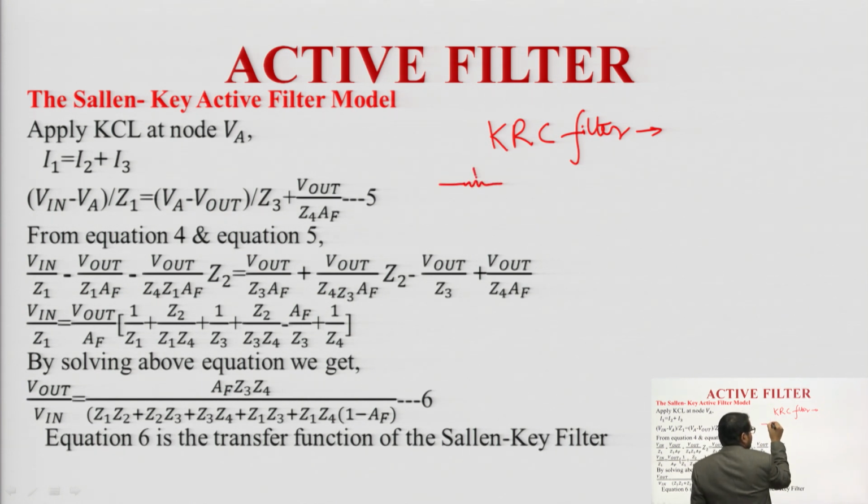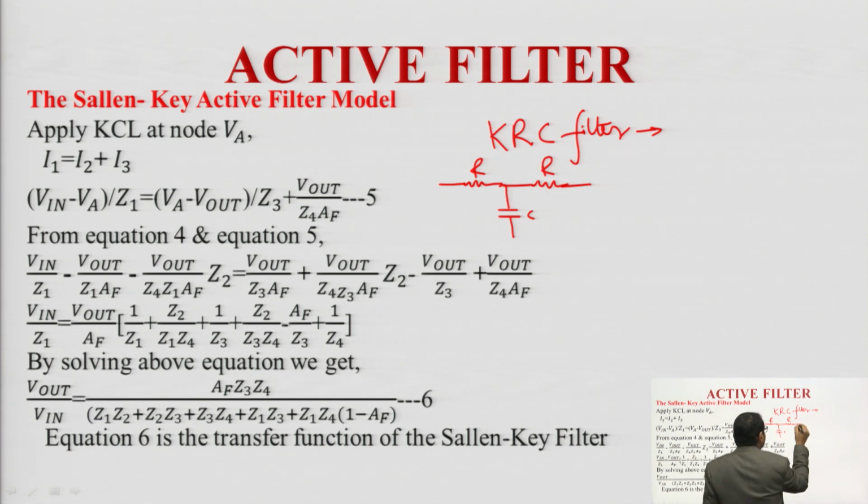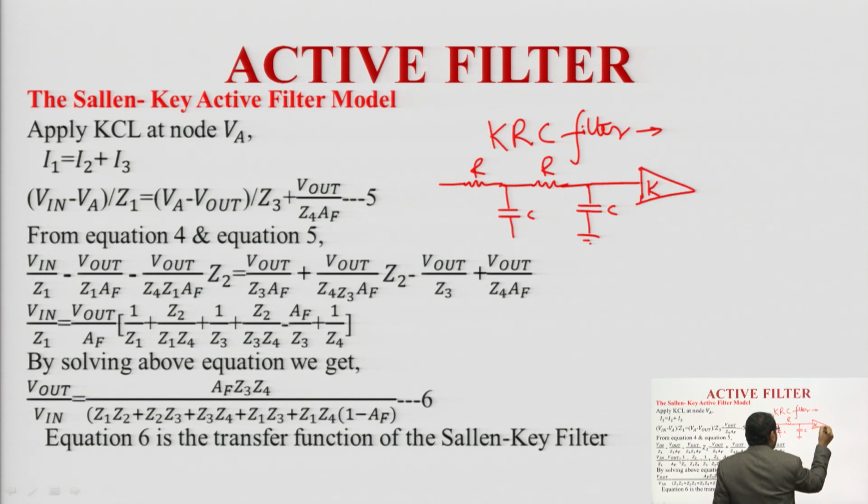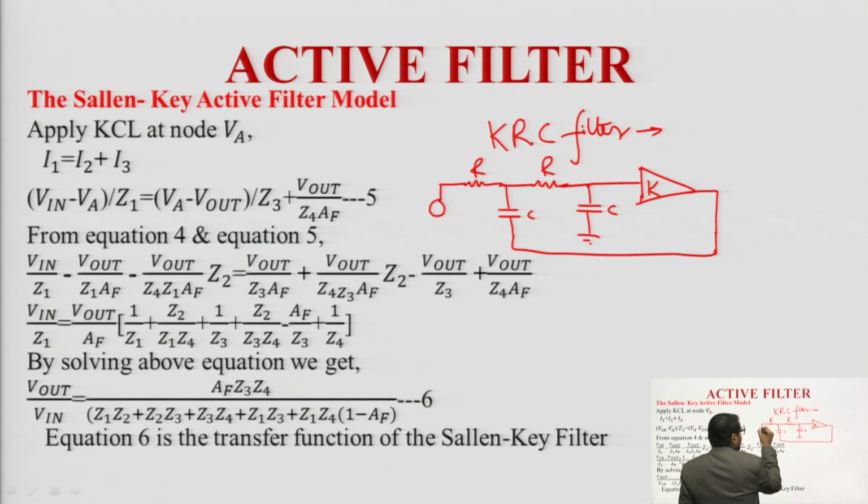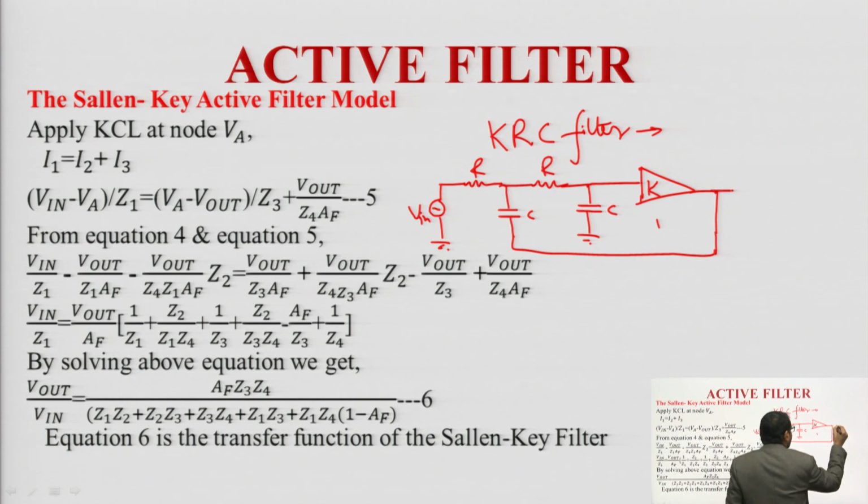Let us suppose this is the R, this one C, this is the R. We replace Z1, Z2, Z3, Z4 with R and C. This is the C, and here is the factor K, connected with feedback with this C, and here we apply Vin. If you do not consider the K and this feedback loop, then it is also defined as a second order filter, because the two RC sections are connected in a cascaded manner.